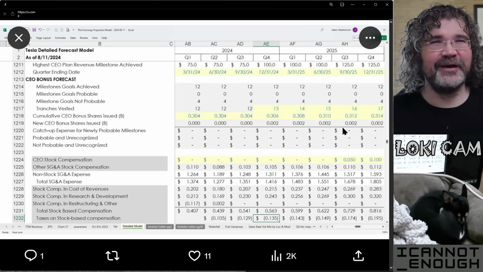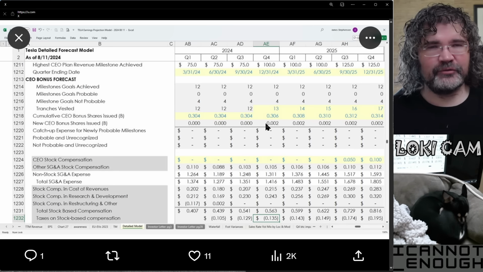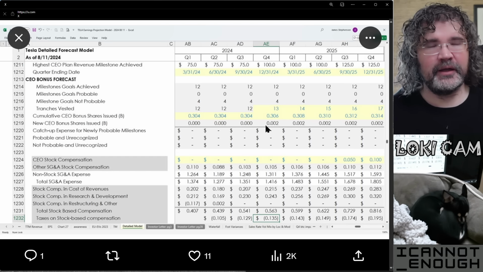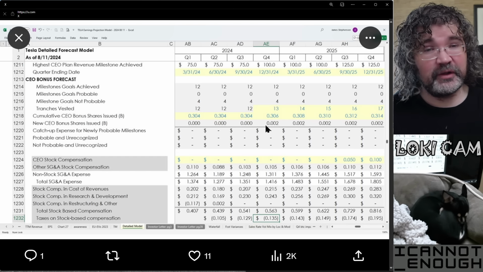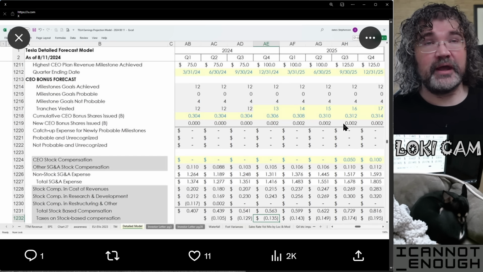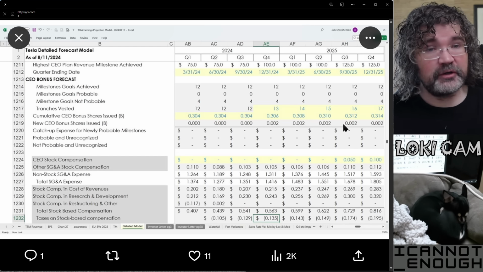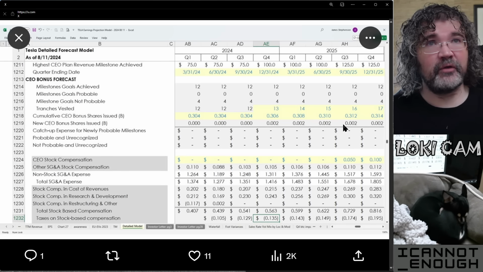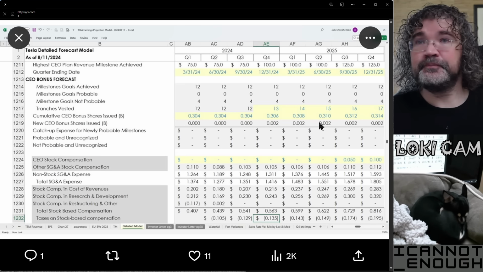I've got some creeping in my forecast, which I need to adjust because the board can't start compensating him again until shareholders approve it. So I think it'll be Q3 of next year before Elon can start earning more stock-based compensation because they'll have to propose it before the annual shareholders meeting and the vote.